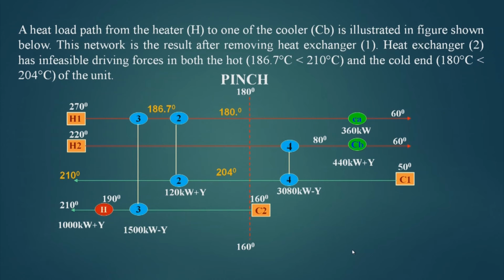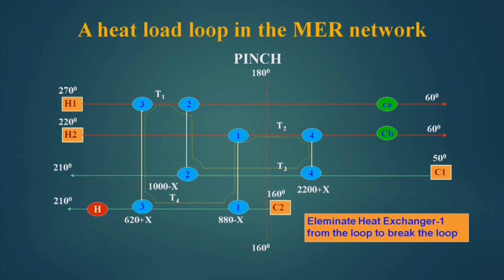Now, once this has been broken, the other heat exchangers will change, the capacity will change, and we can calculate that. So, if I put x is equal to 880, this becomes 0, this becomes 620 plus 880, this becomes 1000 minus 880, this becomes 220 plus 880.